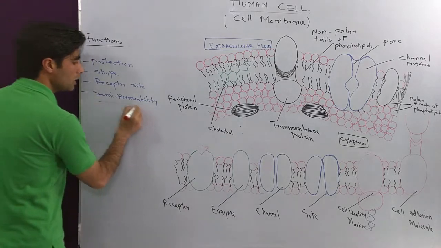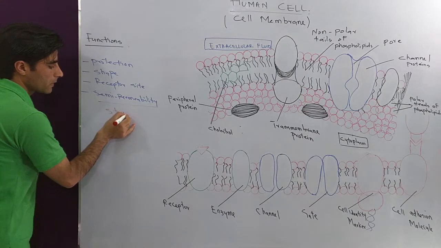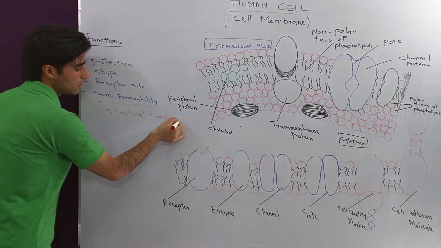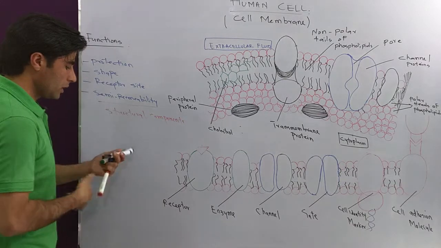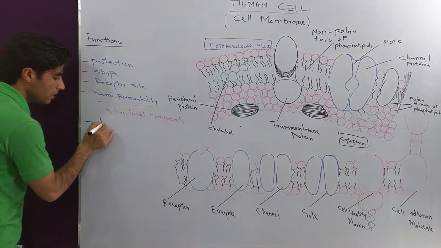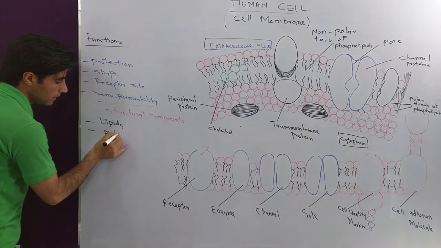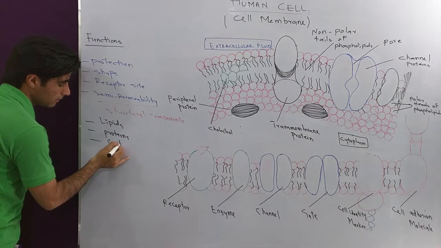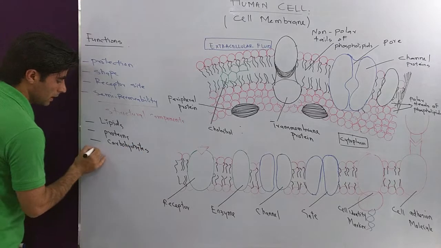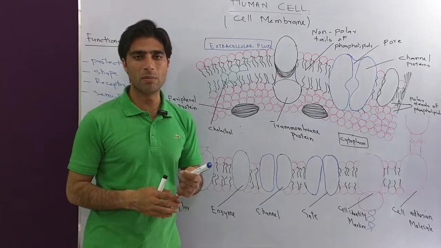Now if we look towards the structural components of cells, among the biomolecules, lipids come first, then proteins, carbohydrates, etc. So these three biomolecules are among the components of the plasma membrane, or cell membrane.